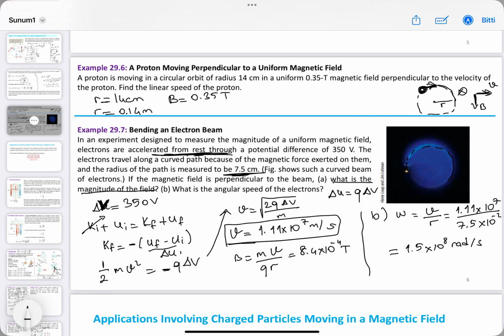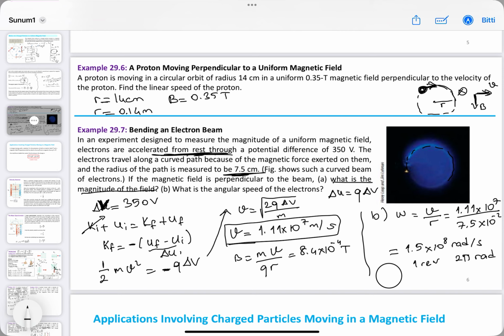But also in the answer part, they wanted me to convert radian to revolution. Do you know, for one revolution, we have to finish 2π. I mean, one revolution is 2π radian.